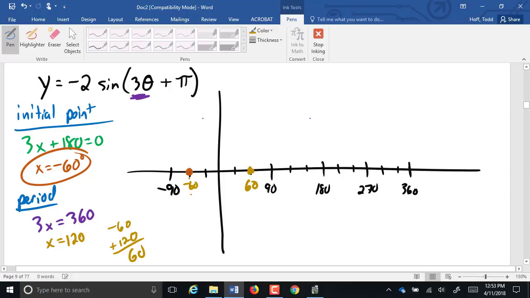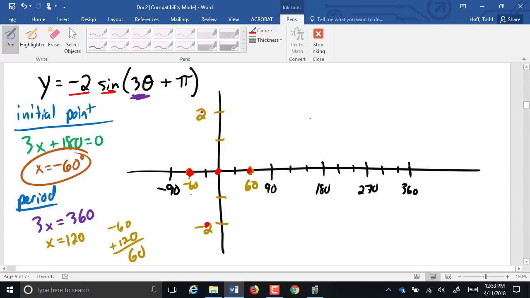Now we bring in the amplitude. It's a negative 2, which means you go up to positive 2 and down to negative 2. But what else does it mean? We're flipped over, right? This is sine, so we start out at equilibrium. There's equilibrium at the end. There's an equilibrium where in the middle? 0, right in the middle. This would normally be a peak here, but since it's a negative 2, it's a trough down here.